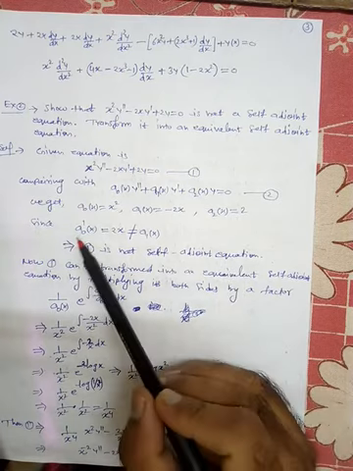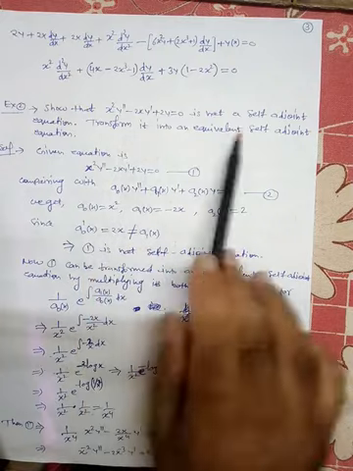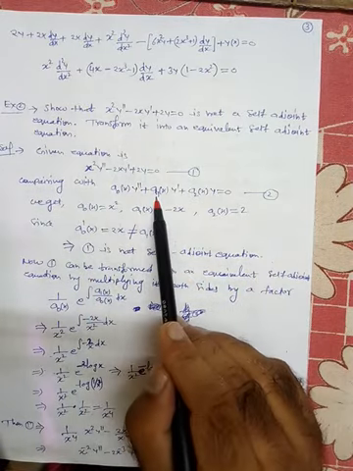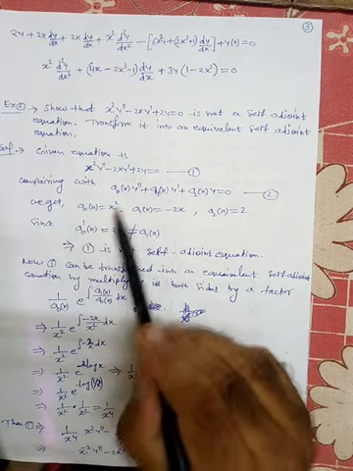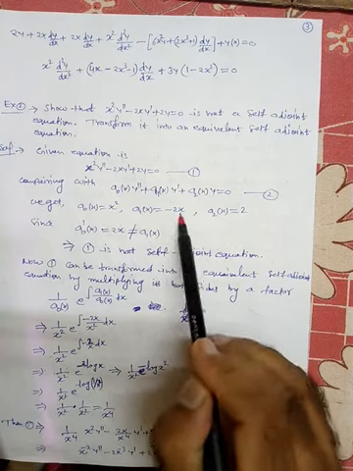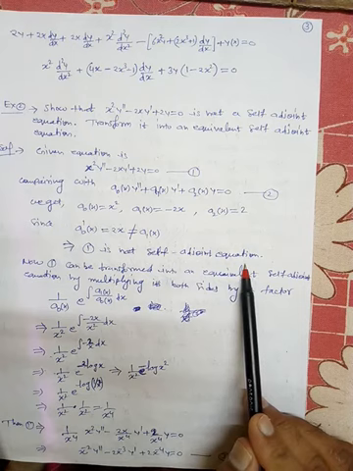Now if we examine the condition for self-adjoint, what is the condition? A naught dash is equal to a1. So what is a naught dash? It is 2x, but this is not equal to a1x because a1x is minus 2x, and hence equation number 1 is not self-adjoint.